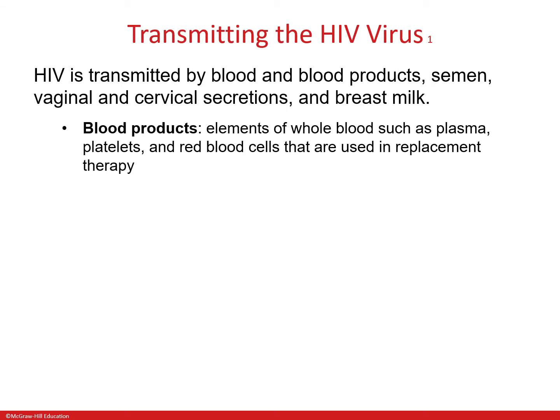So HIV lives only within cells and body fluids, not outside the body. So it's transmitted by blood and blood products, semen, vaginal and cervical secretions, and breast milk. It cannot live in air, water, or saliva, or on objects or surfaces such as toilet seats, eating utensils, or telephones.